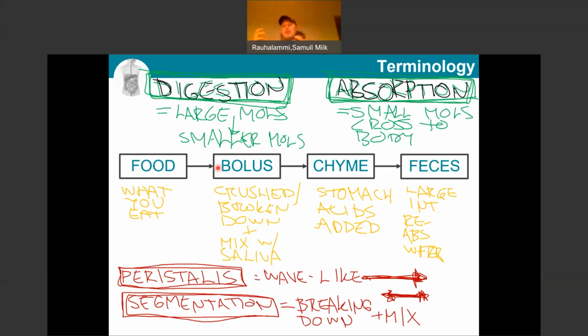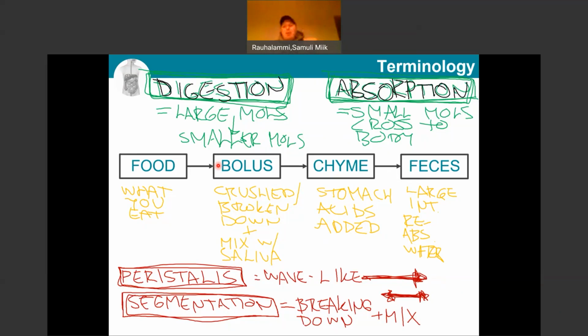This mixture of saliva and mechanically broken food is now called bolus. Bolus is often a more moist, little bit of a manageable ball-like structure of what used to be food.